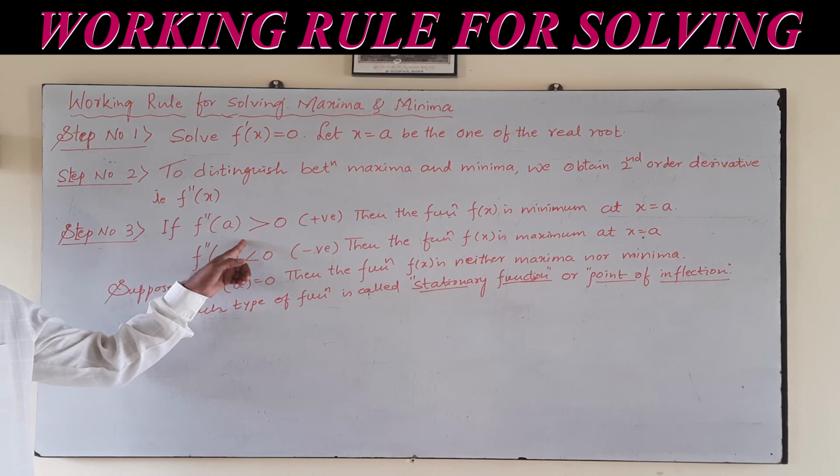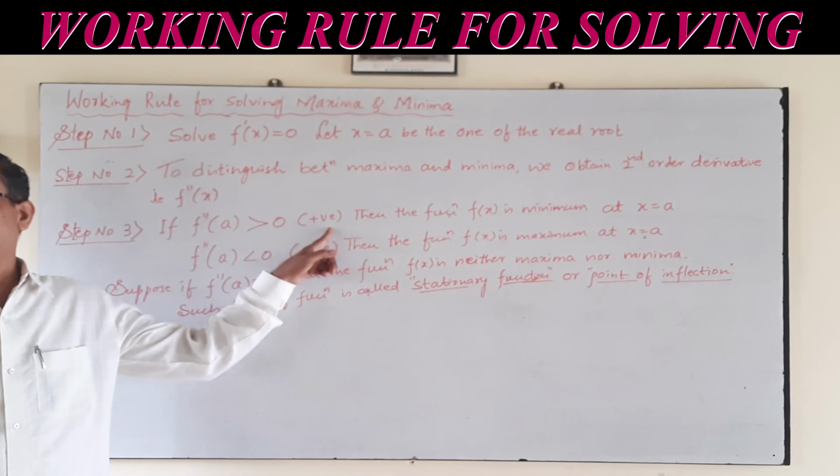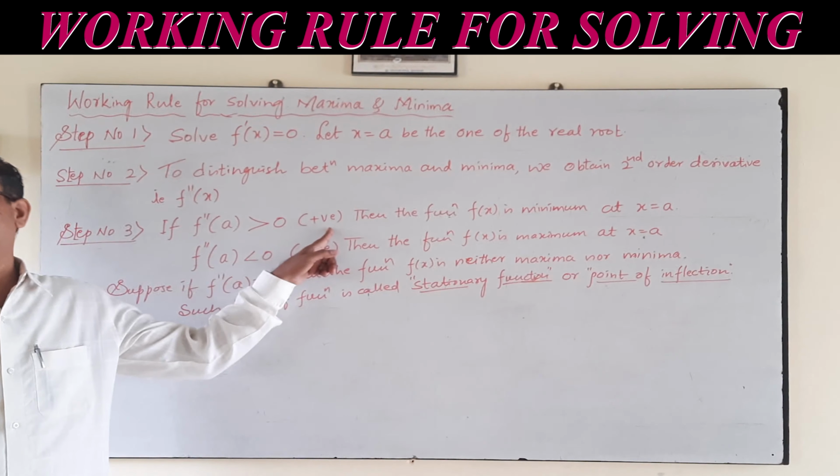When you substitute, in case you get a positive value, positive meaning more than 0, you know the definition of maxima and minima. If it is more than 0, if it is a positive value, then the function f of x is minimum at the particular point x equal to a.